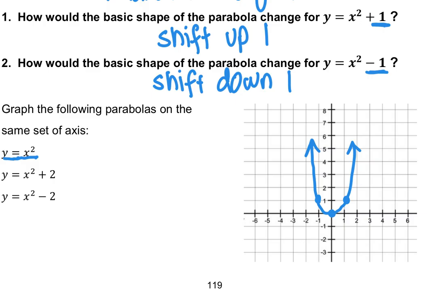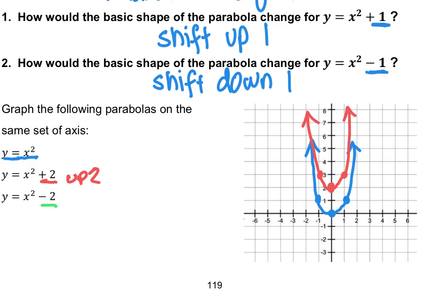Okay, let's go ahead and do the next one. We have this plus 2. What does that plus 2 tell us to do? Up 2. So let's move that vertex up 2. There we go. So now that's our starting point. Then we go up 1, then to the right 1, to the left 1. Connect our 3 points.